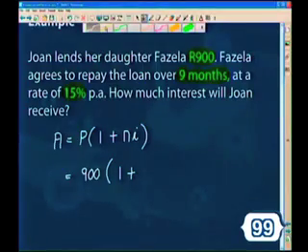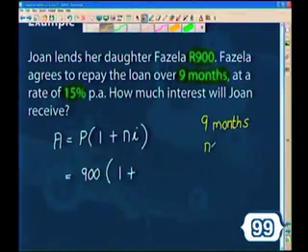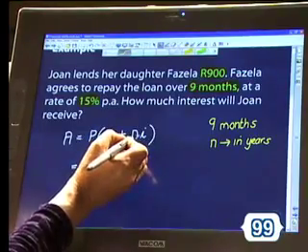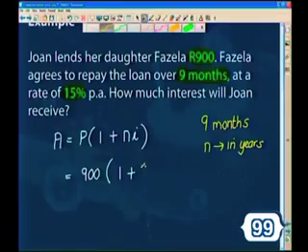Now, guys, this is where you actually have to put your thinking caps on, because remember I said to you that N is always time in years. So if it was 1 year, this would be a 1. 2 years, this would be a 2. So if I put a 9 in here, that actually means 9 years, not 9 months. Okay? So I cannot put a 9 there.